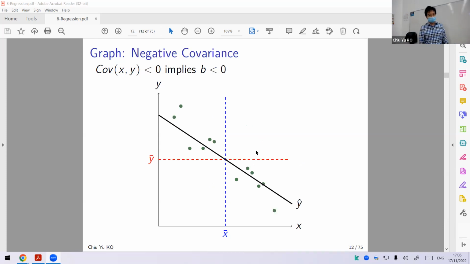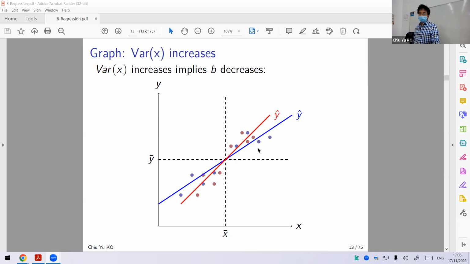And in this case, if the covariance is negative, right, you should expect the slope of your line will be negative, okay? So that's why covariance is a very good reason why it should be correlated with your slope B, right? And here we can see why an increase in variance of x would make your slope decrease, right?